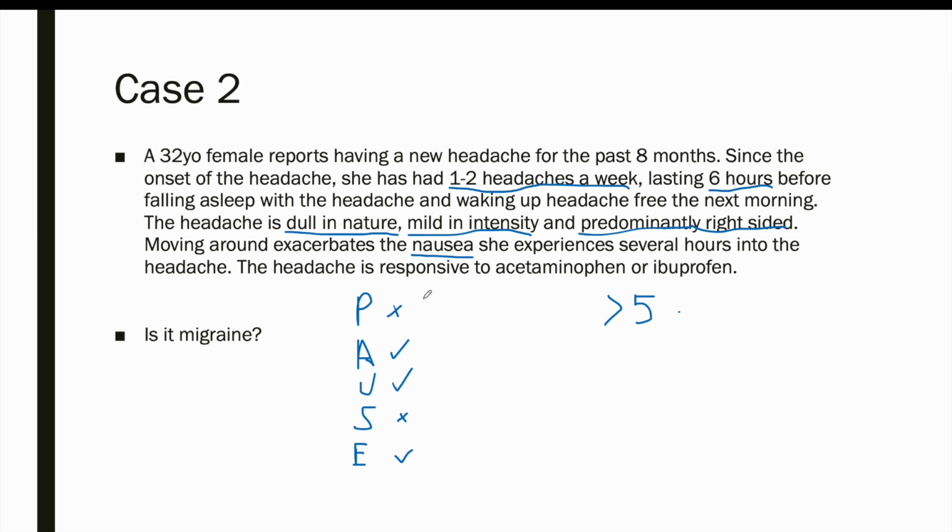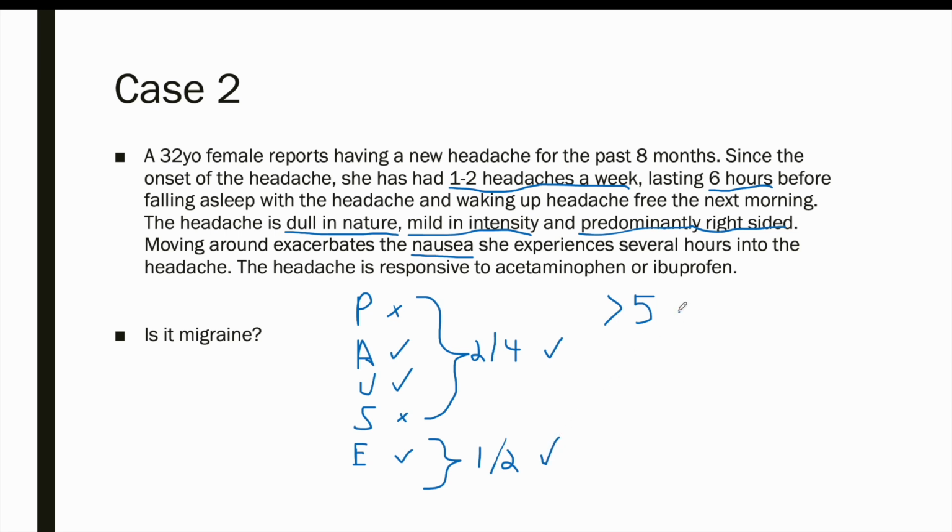And so if we were to use this mnemonic, we would see that she does meet criteria for having 2 of these initial 4 symptoms. And she does have nausea, even though she does not have sensitivity to light or sound. So she does meet the initial criteria for migrainous features.